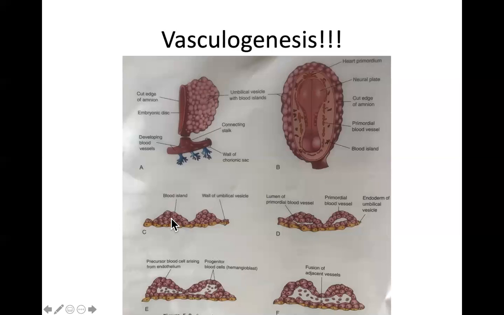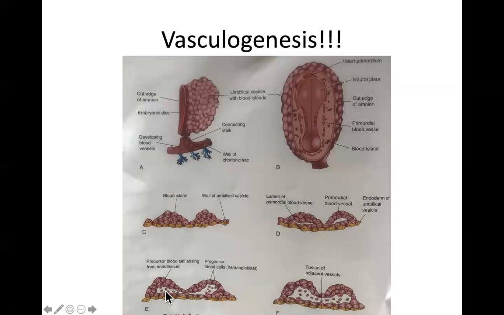Now, the cells that are near the middle, as this thing begins to hollow out, they're going to do one of two things. They're either going to become flat and form the endothelium of the blood vessels, or they're going to differentiate into, hold on, it'll come to me.